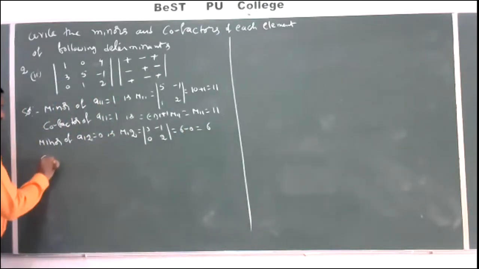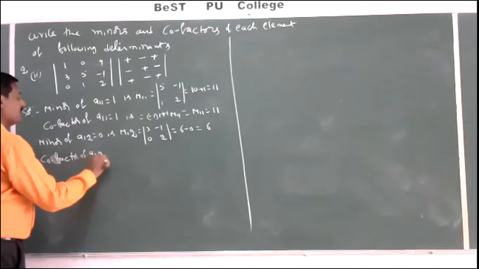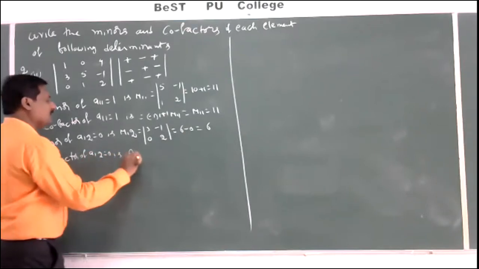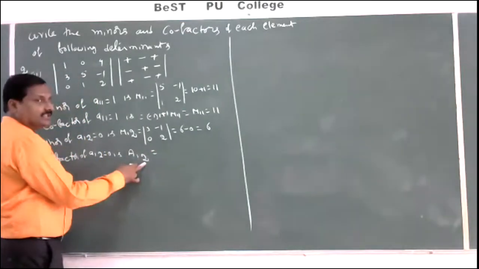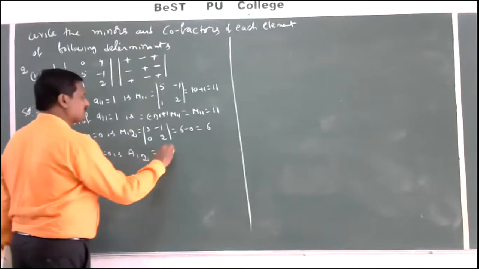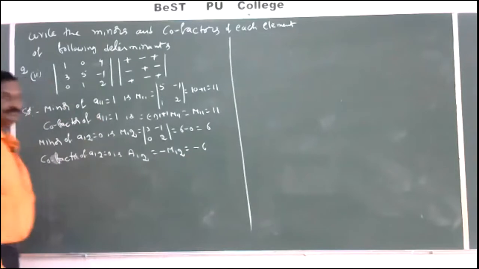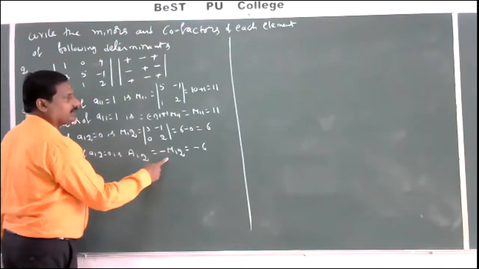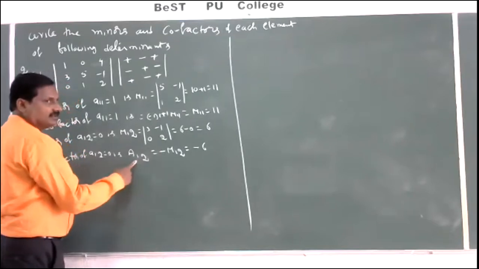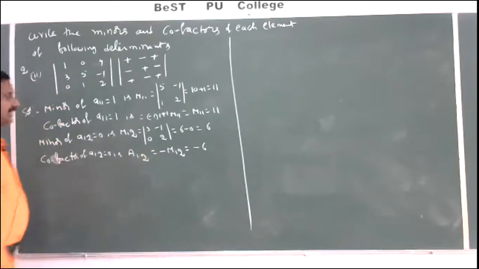Cofactor of a12 equal to 0 is capital A12. Here the sum of the suffixes 1 plus 2 is 3, an odd number, so we get minus M12, that is minus 6. If the sum of the suffixes is even, we get plus of the minor. If the sum of the suffixes is odd, minus of the minor of that element.